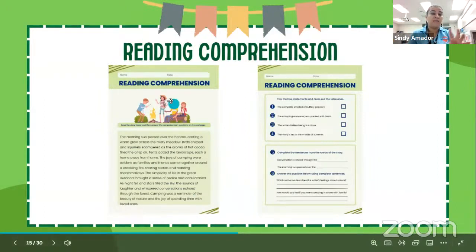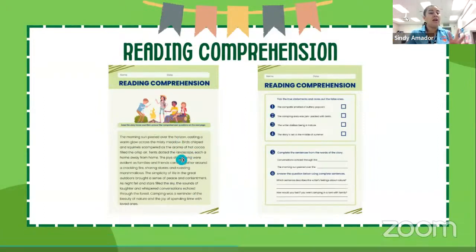So for example, in this template, you have pages. On the first page, you have a passage, and it's about reading comprehension. And then the students need to go over the passage, and they go to the second page, and they need to answer the questions, or tell which statement is true or false.